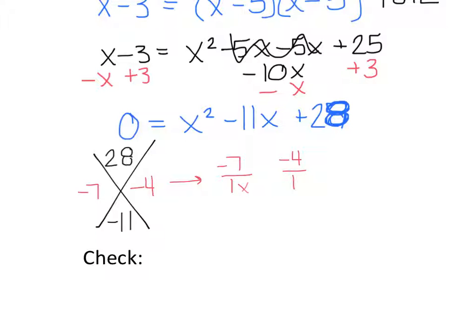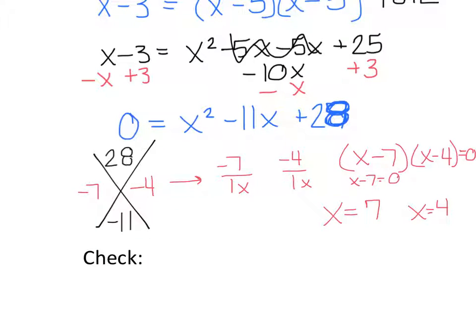Can't reduce those any. So our factors are x minus 7 and x minus 4. So what are my two different values for x? Positive 7 and positive 4. We get that by saying x minus 7 equals 0, move the 7 over, and x minus 4 equals 0, move the 4 over.